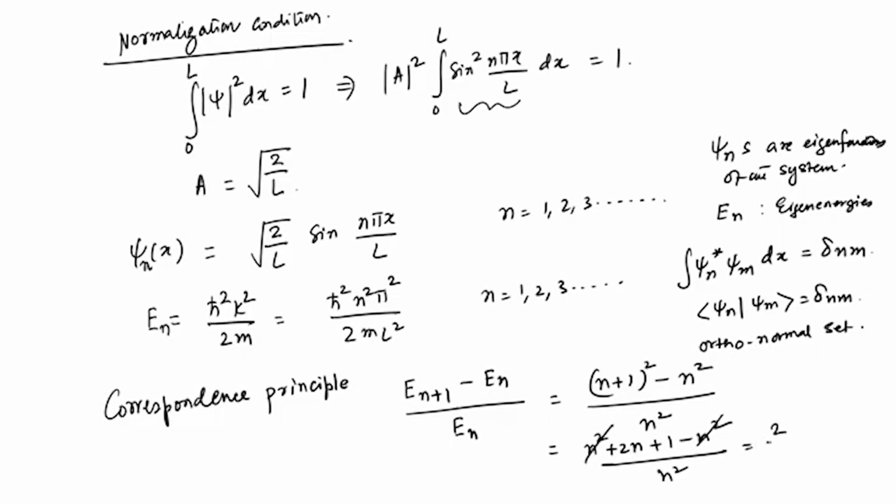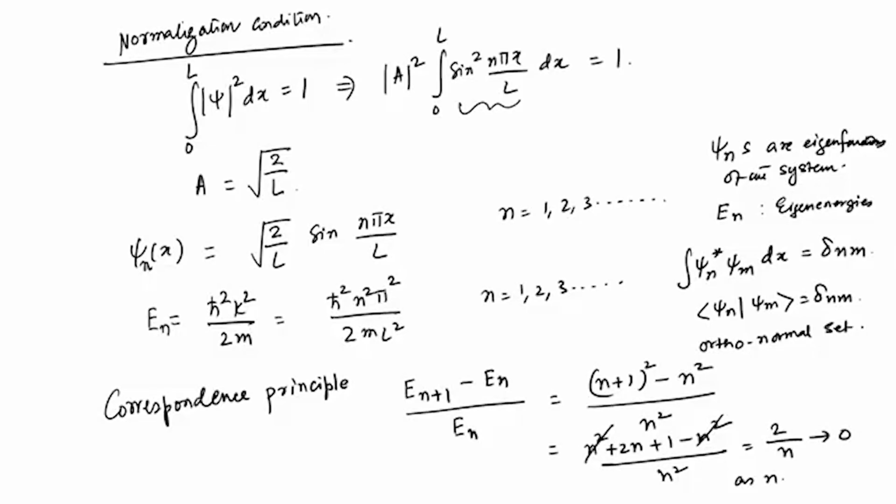So, this really goes as 2 over n and will go to 0. This energy spacing will go to 0 as n tends to infinity. And that is the correspondence principle, Bohr's correspondence principle that we have learnt earlier.